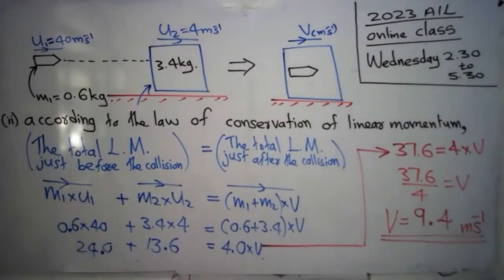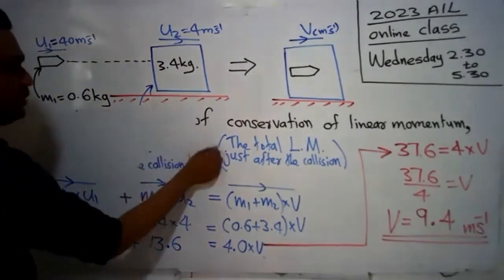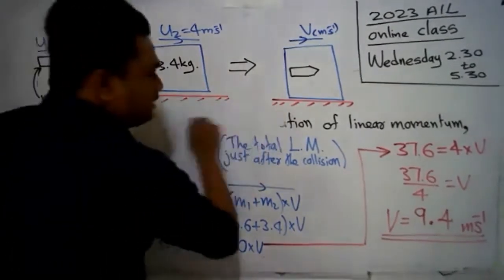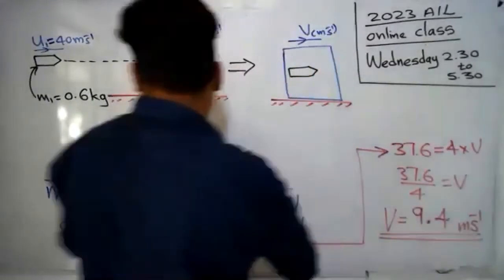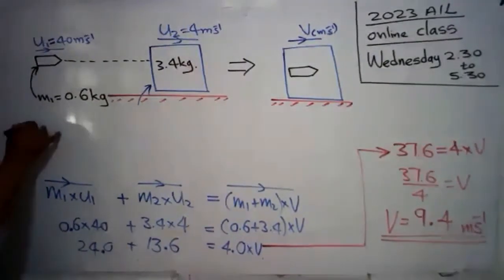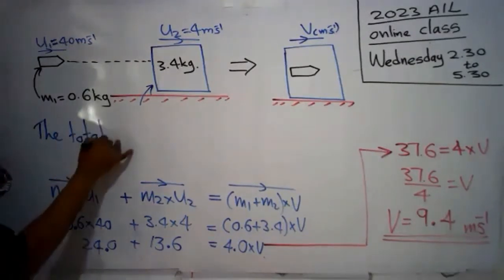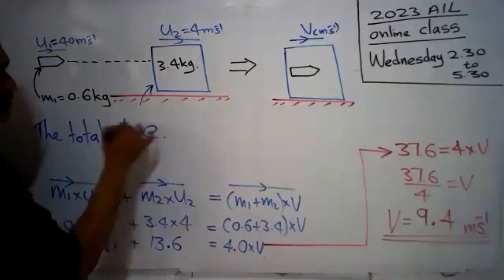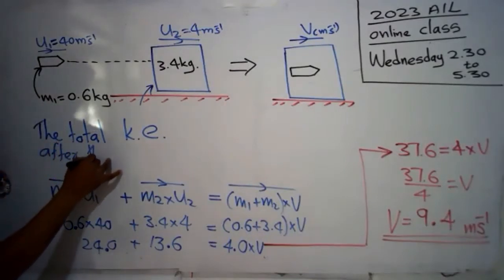I'm going to erase. Right. Let's try to find the total kinetic energy of the system after the collision. What are we going to find here? We are going to find the total kinetic energy of the system after the collision.